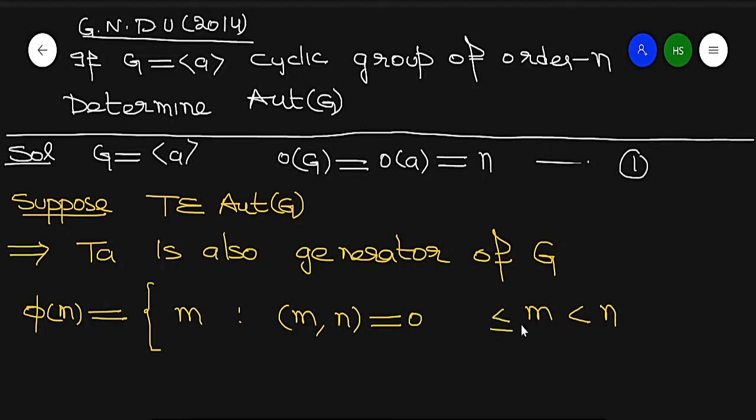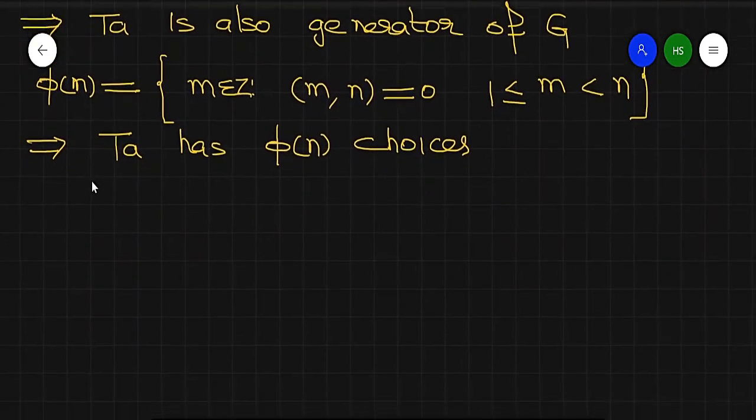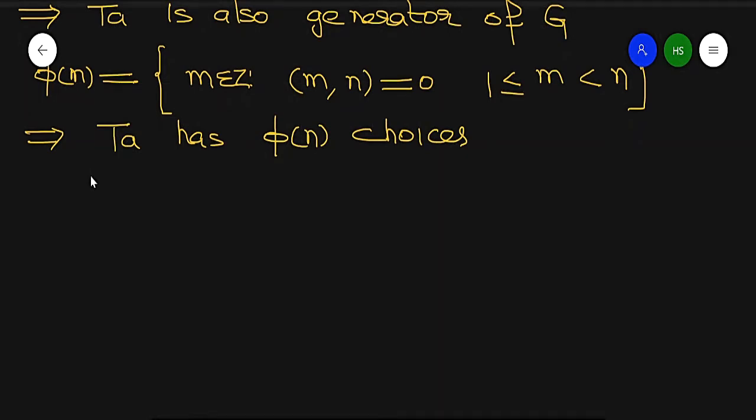This phi is the Euler function. So these are the number of generators of the cyclic group of order n. So it implies T(a) has phi(n) choices, because the number of generators is phi(n).